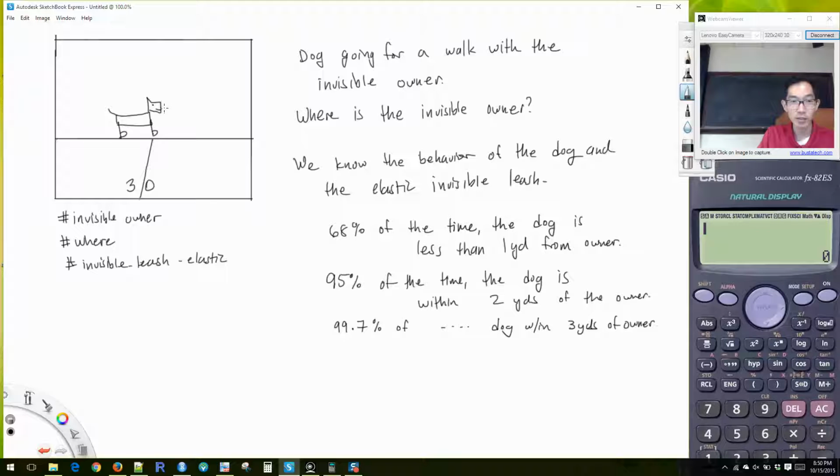Okay, so based on what we see, the dog at the 30-yard line, what can we say about the location of the owner?